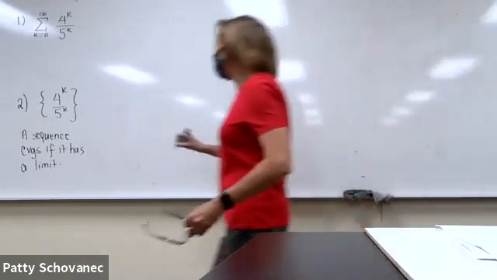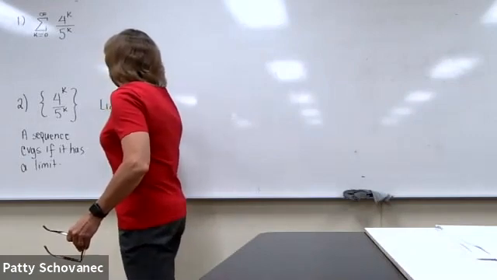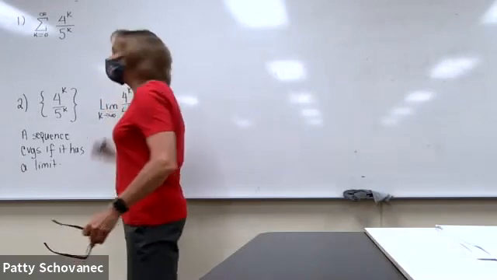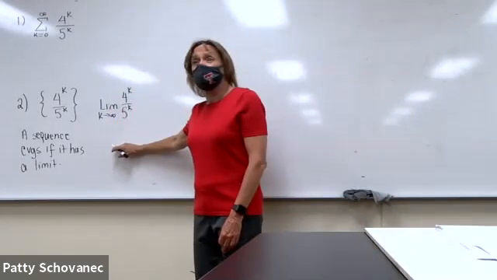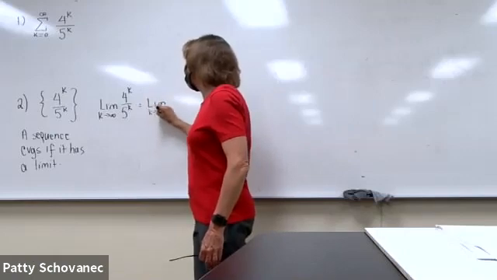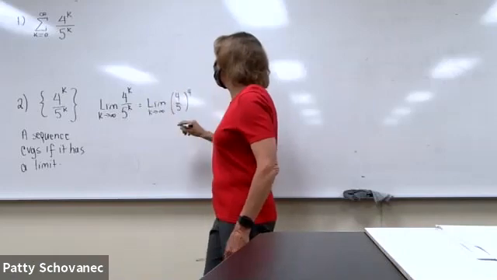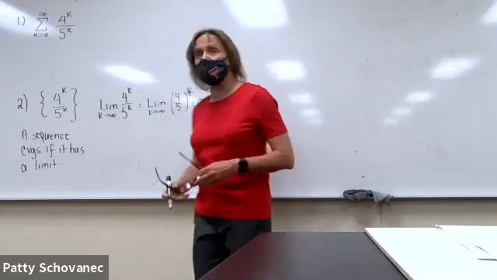So what did you decide the limit of this was? It's 0, because the bottom goes faster than the top. Or if you wrote it as a single fraction, as long as this guy inside the parentheses is smaller than 1, it's going to converge to 0, because it's bottom heavy.